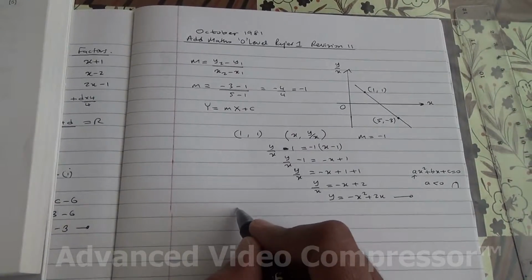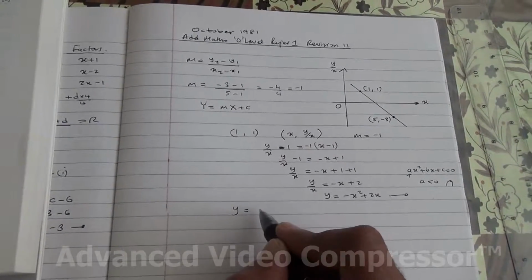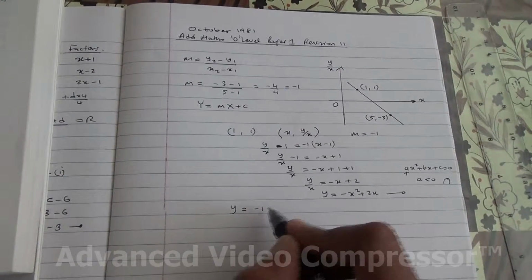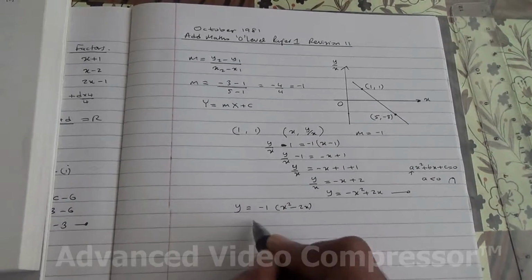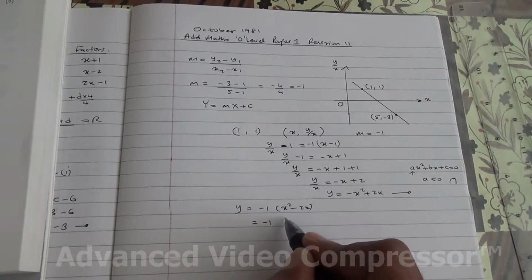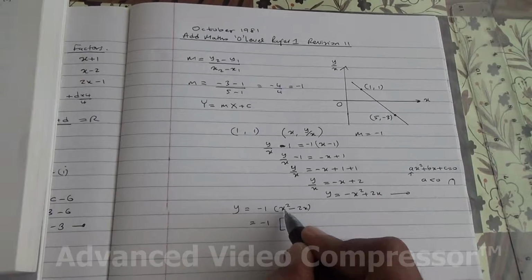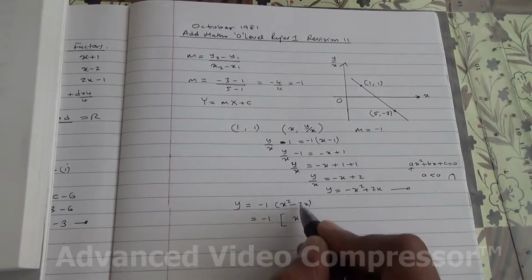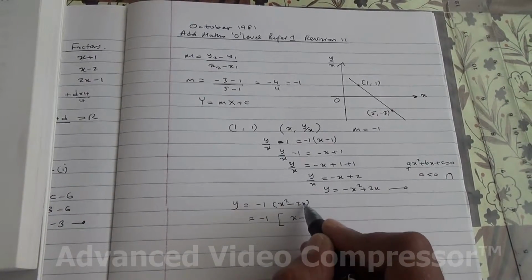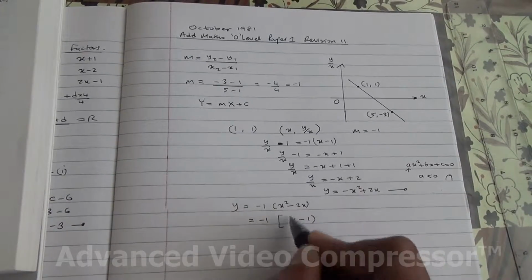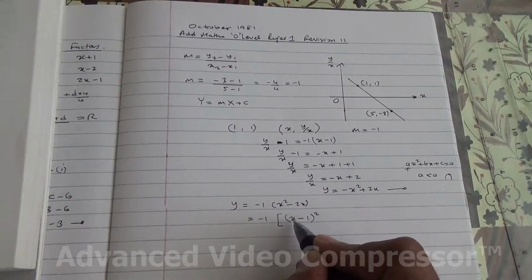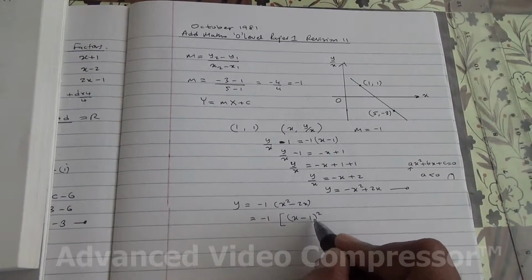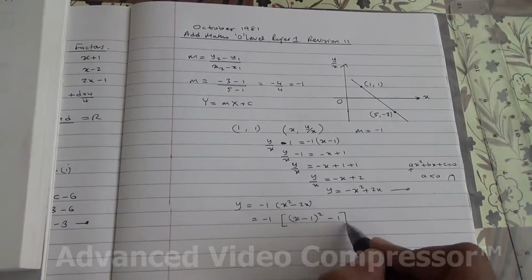So I'm going to say y is equal to, maybe I can put the minus 1 outside, and then I'm left with x squared minus 2x. So minus 1 into x squared minus 2x. You can say (x minus 2 divided by 2), which is 1. Remember, you need to divide the coefficient of x by 2. So 1, and then you square the whole thing. If you were to expand this, you're going to get x squared minus 2x plus 1. But there was no plus 1 there, so you have to subtract the 1.